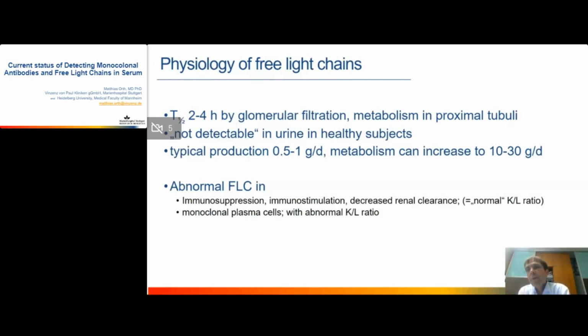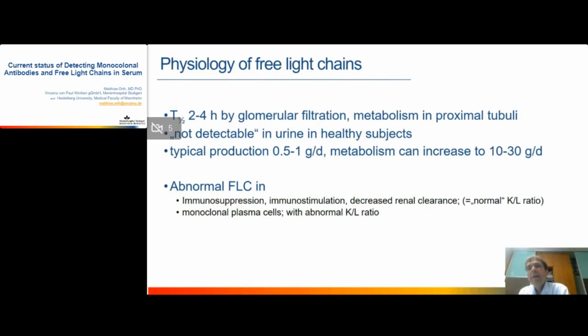The typical production is about half a gram to 1 gram per day, but the metabolism by the kidneys can increase up to 30 grams per day. So if my production of free light chains is elevated 25 times, I will still not show free light chains in my urine.